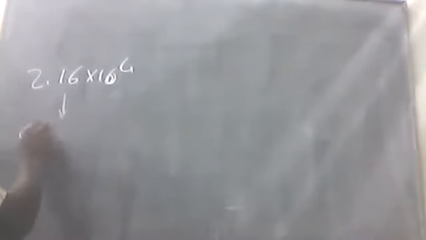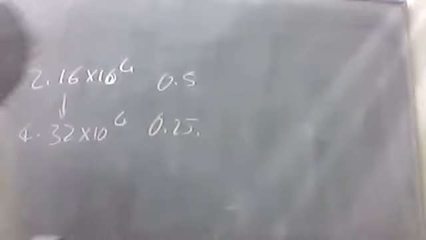The time goes from 2.16 × 10^4 to 4.32 × 10^4, with concentrations of 0.5 and 0.25. So what are the rates for that time period?